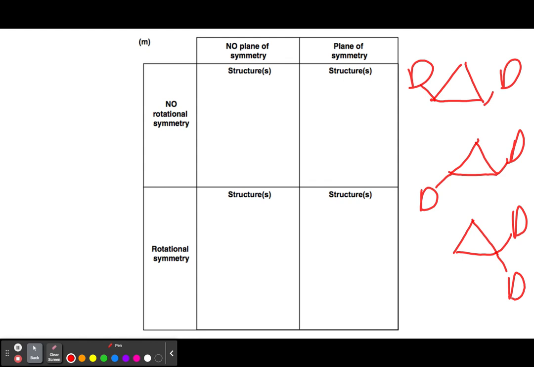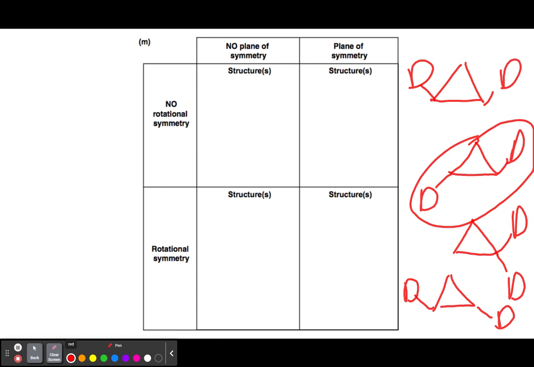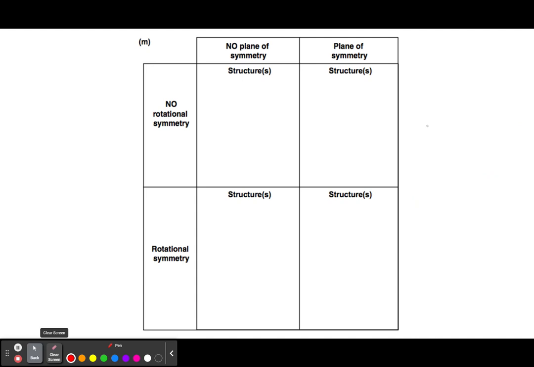You could also have this one reversed. Now, strictly speaking, I'm certain you should have the wedges, but the mark scheme's not strict on that. They just want to see symmetry.